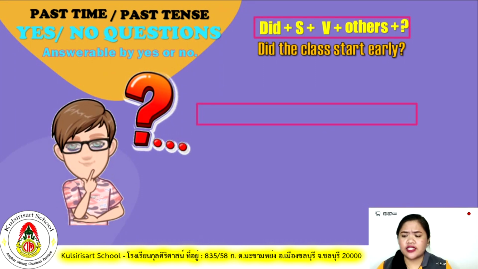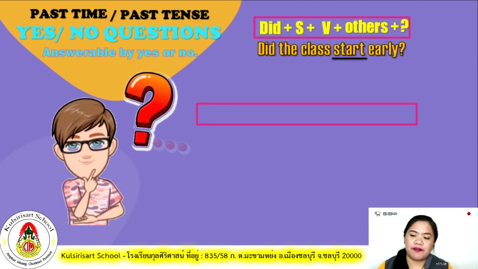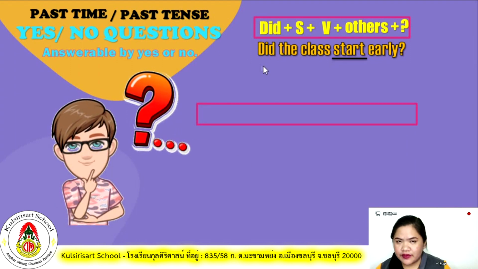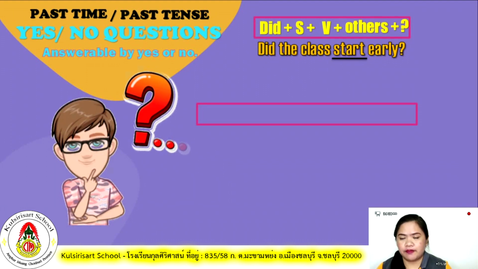Did the class start early? Where is the subject? Very good, the class. Now where is the verb? Very good, start. And we use start, although it's in the past, because we are using did. So we should not use started. You should use start because we are using did as the helping verb.